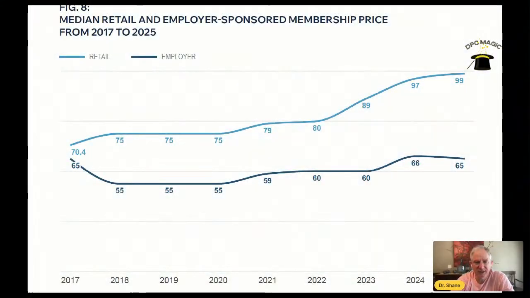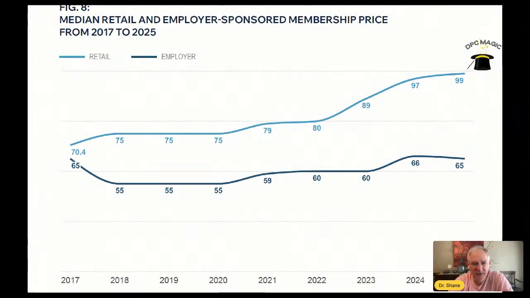So a ton of folks involved when they look at all the data. And I want to share one slide on the difference between retail pricing and employer-based pricing in DPC. So let me just share that with you so you can see.